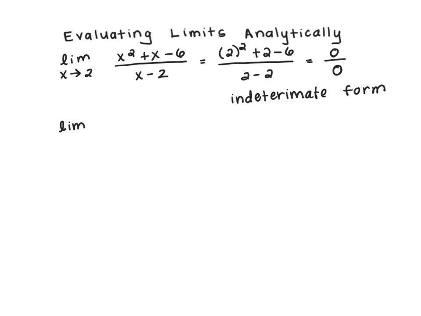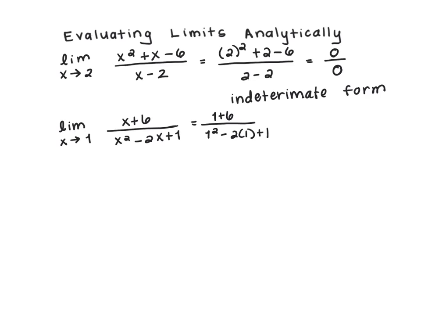If I have the limit as x approaches 1 of x plus 6 divided by x squared minus 2x plus 1. Okay, so here, first thing I always do, I plug in my x value. I have 1 plus 6 divided by 1 squared minus 2 times 1 plus 1.